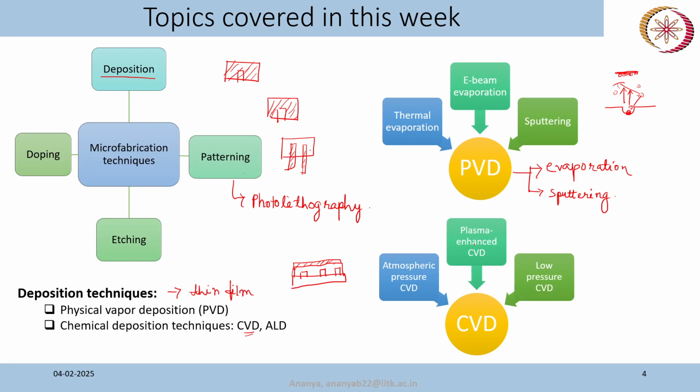And PECVD, plasma enhanced CVD. There are many classifications of CVD. You can check; I'm just giving you these three. In PECVD, the energy is provided through a plasma. APCVD and LPCVD are normally high temperature processes. PECVD is a relatively low temperature process.